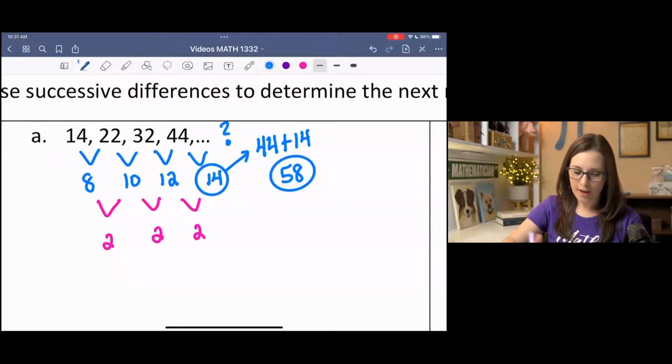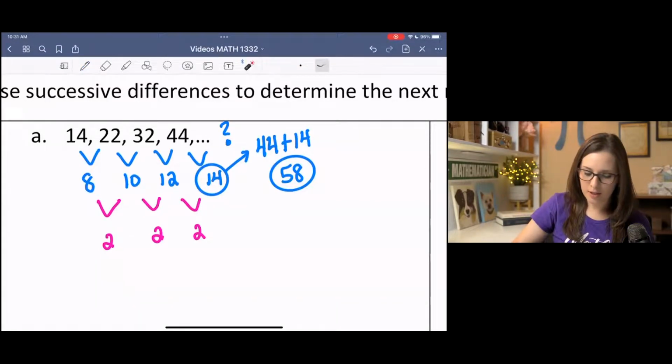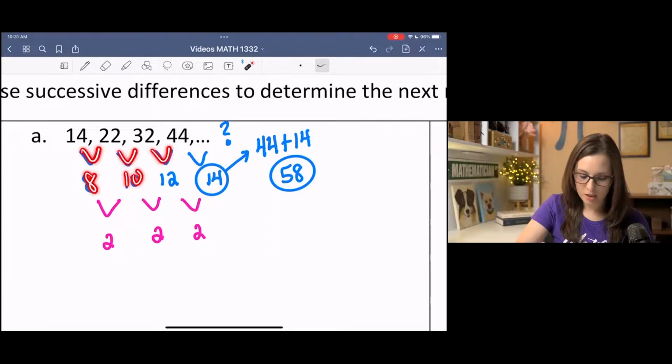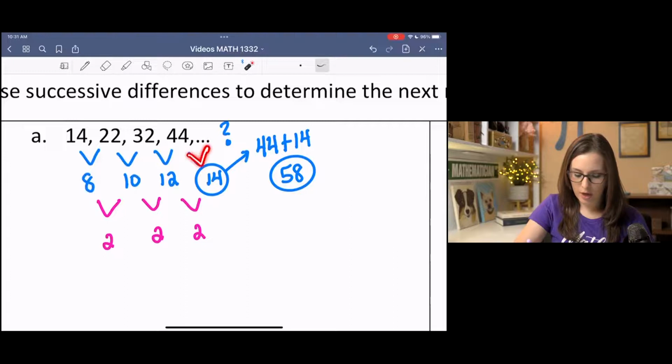For part A, you're finding the difference between these numbers. So we go up 8, up 10, up 12, and then right here, I left a blank because I wasn't sure what was next. And since there's not a common difference yet, we're going to go one more step.